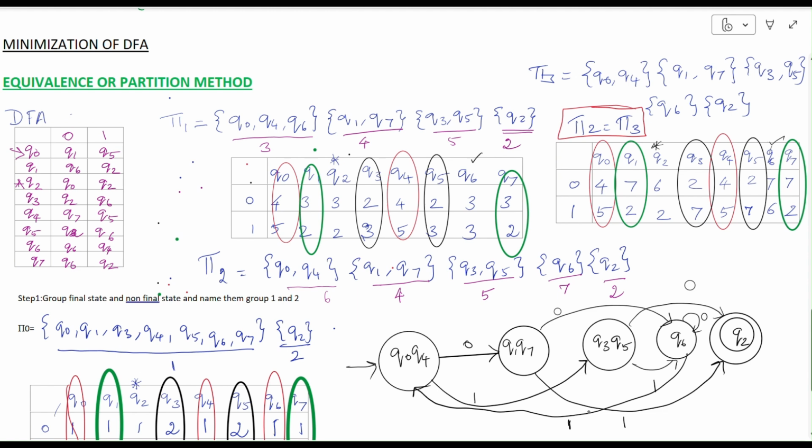And then Q2 on 0 goes to group 6, and on 1 it goes to Q2 itself. So this is the minimized diagram, or the minimized DFA. Thank you, students.